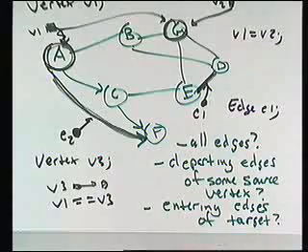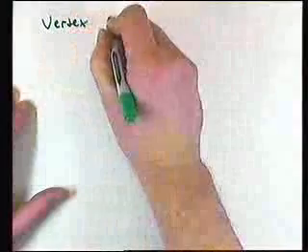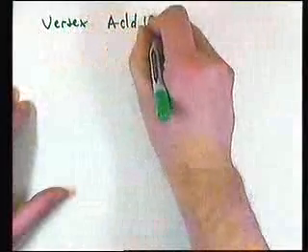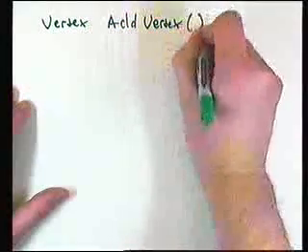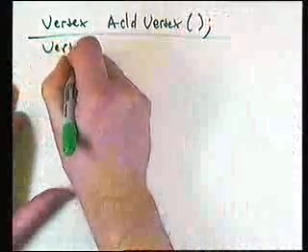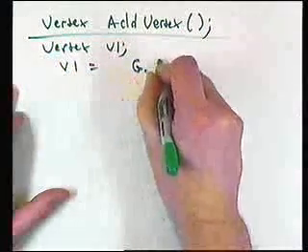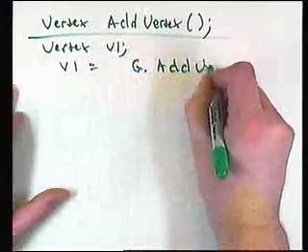And so that means we can have methods or functions such as, here's our vertex return type, and we'll have add vertex like that. The way we use this code would be to say vertex v1 equals g dot add vertex, where g is our graph variable.